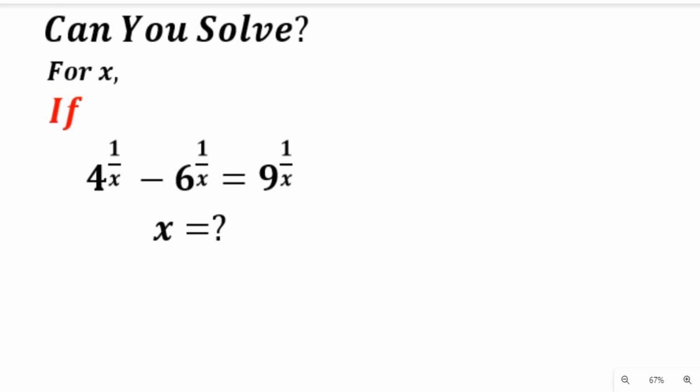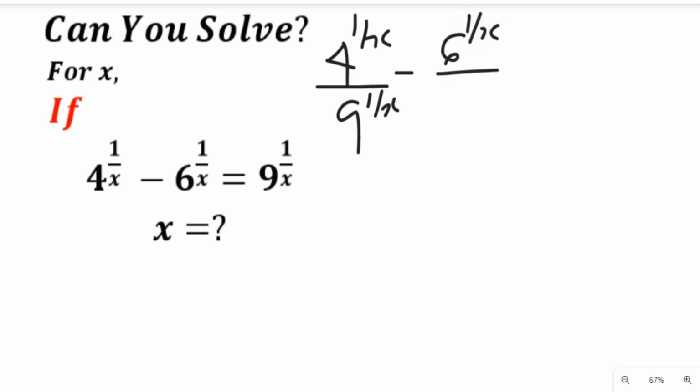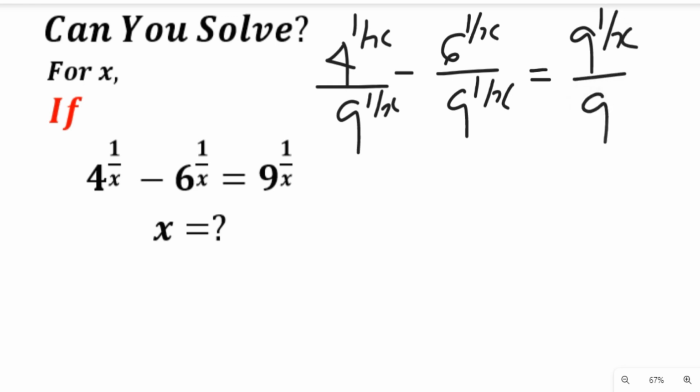Now let's have 4 to the power of 1 divided by x divided by 9 to the power of 1 divided by x, minus 6 to the power of 1 divided by x divided by 9 to the power of 1 divided by x, and that will be equal to 9 to the power of 1 divided by x divided by 9 to the power of 1 divided by x.